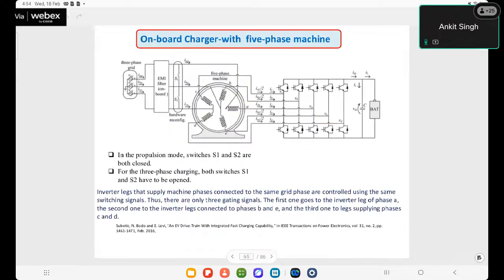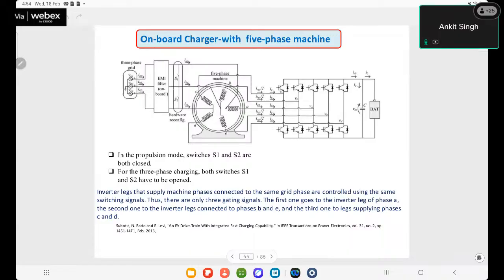Now I will come to how a multi-phase system or multi-phase machine is used in charging. If a drive system is based upon a multi-phase system, we are bound to use it for charging also.